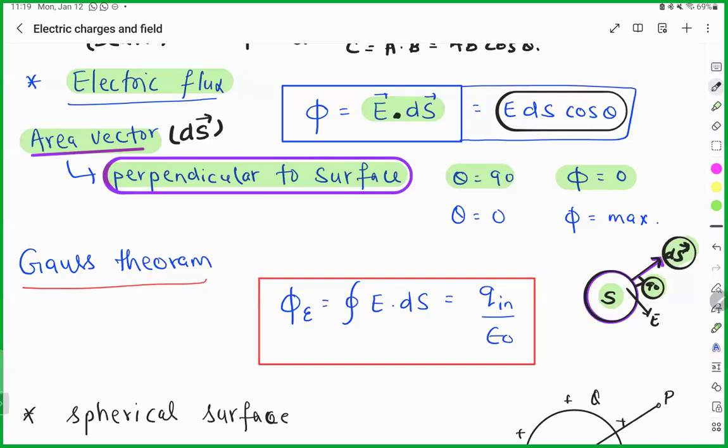So the pen will pass by the side of the phone. So no line will enter the phone. Electric flux is 0. Understood? Yes, sir. Everybody understood this?